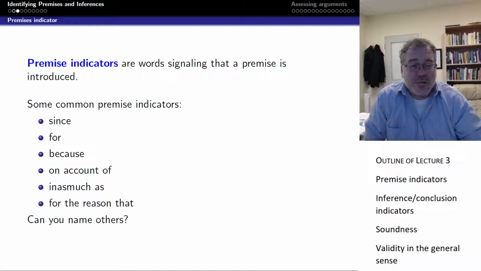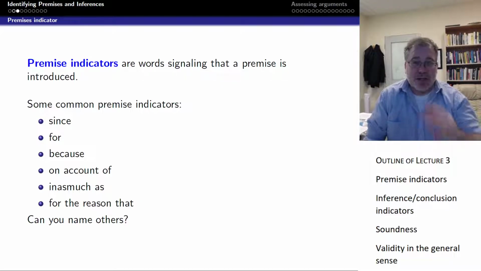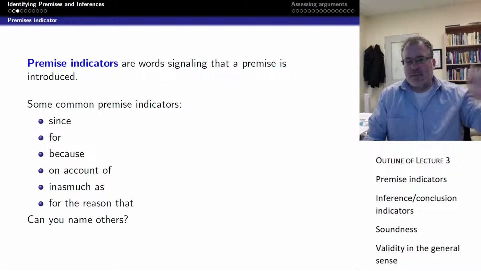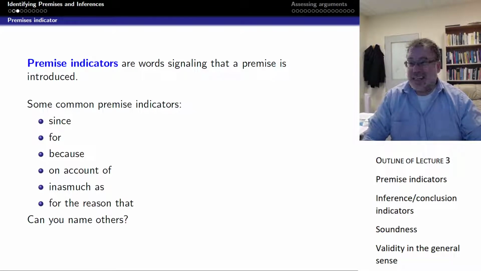There are many more, but since, for, because, on account of, inasmuch as, for the reason that. All of those would be followed by a statement, and the statement that follows would play the role of a premise within an argument. As I said, it's not meant as an exhaustive list, so you should be able to think about others.